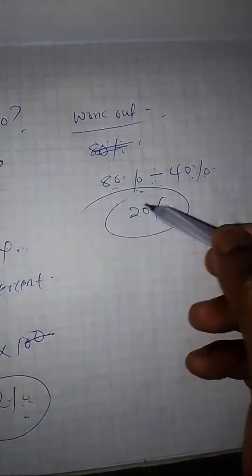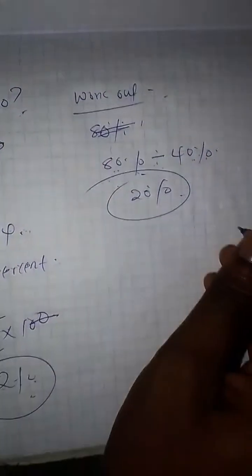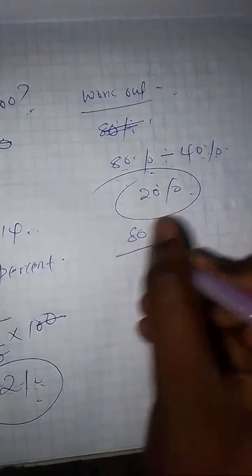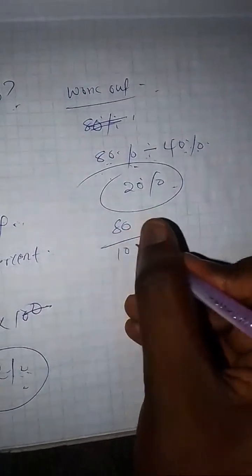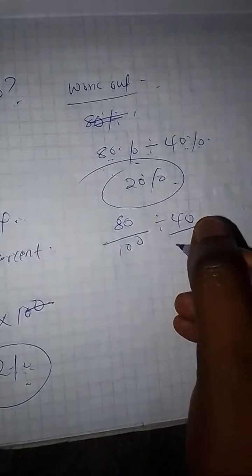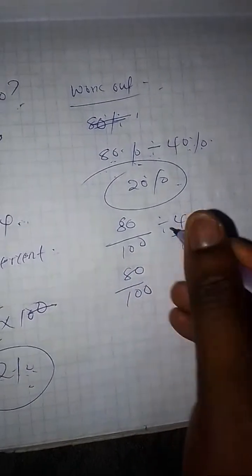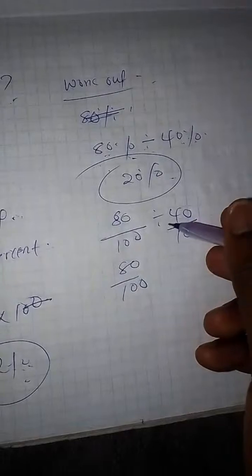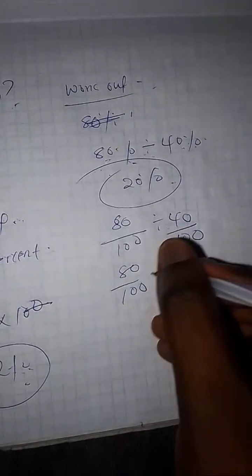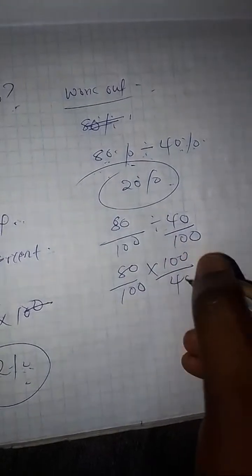But if in any case you want to go further, because percentage is out of 100, we have 80 out of 100 divided by 40 out of 100. So our division sign shall change to multiplication sign, so 100 out of 40.